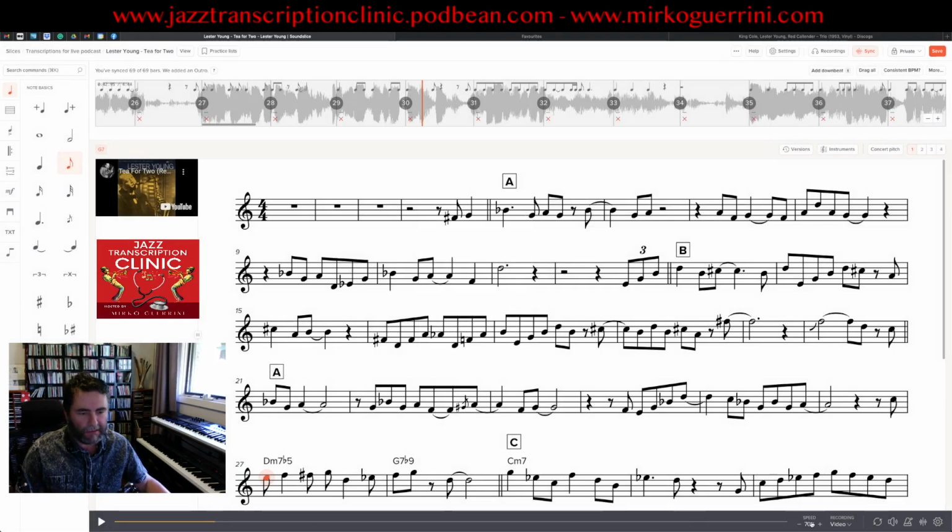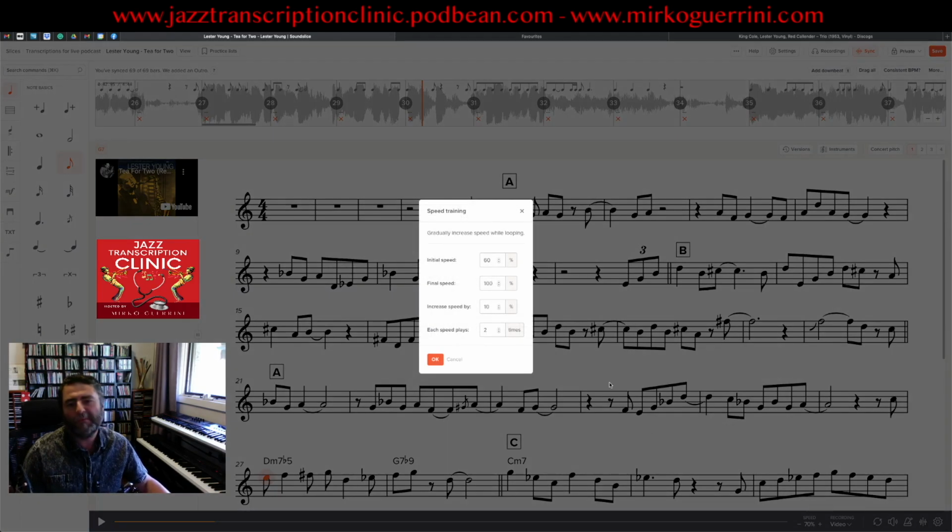Here under speed, of course you can change the speed, but there is now a new button called speed training where you can set an initial speed, and how much to increase the speed and how much plays before the speed is increased.